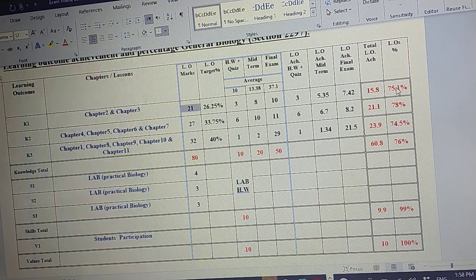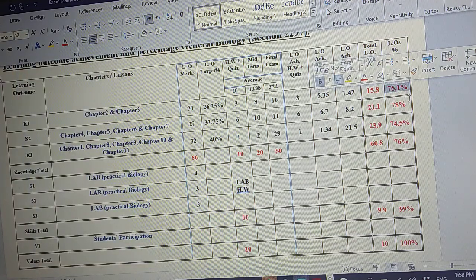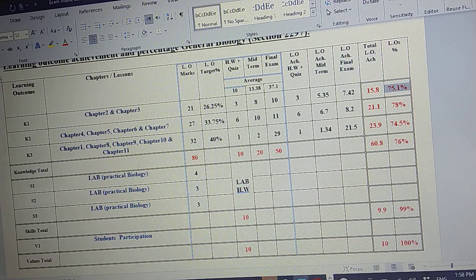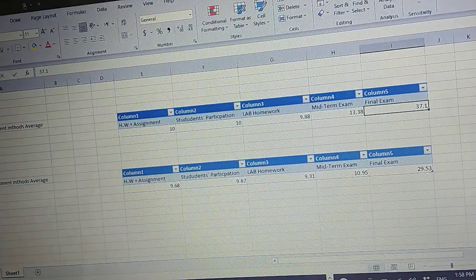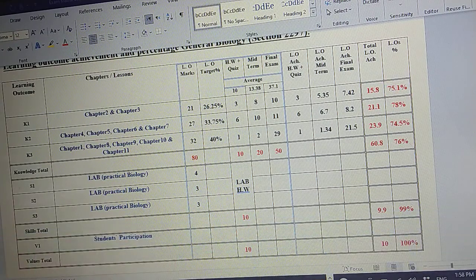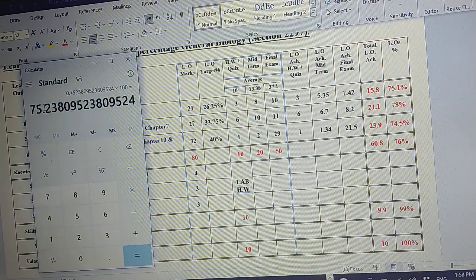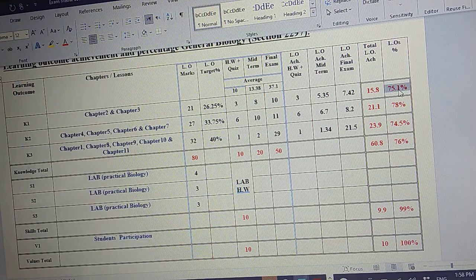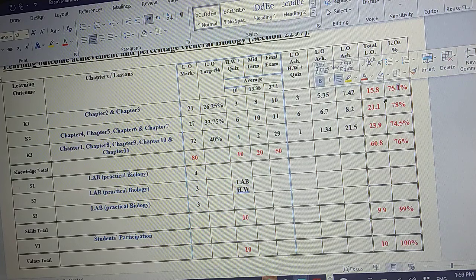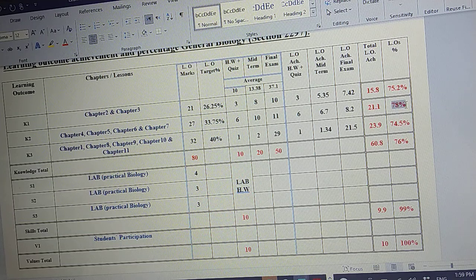So here the percentage of the achievement for the students of this section will be 75.2%. By the same way, I have to calculate the learning outcome percentage for K2 and for K3.